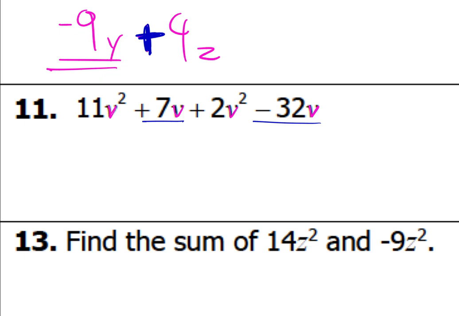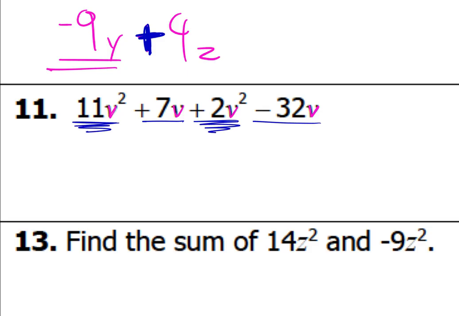Do you know the rule with exponents when you put things in order in math? Do you want the V squared to come first or the V to come first? The V squared. We work in descending order of your exponents. So you want the highest exponents first and then work your way down. So the V squareds are actually going to come first.